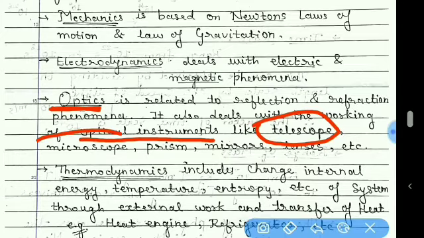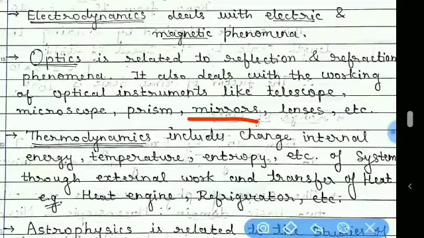Even the microscope is used in biology to observe microorganisms. A prism is used to separate the colors, and also in many other instruments this prism is used for various purposes. You will study this in detail in 12th standard.